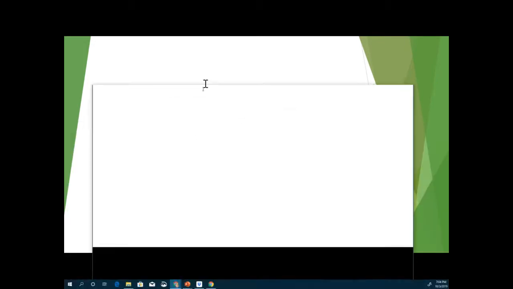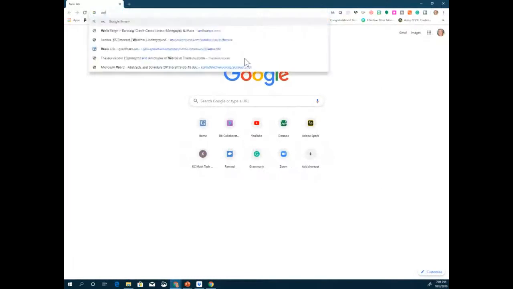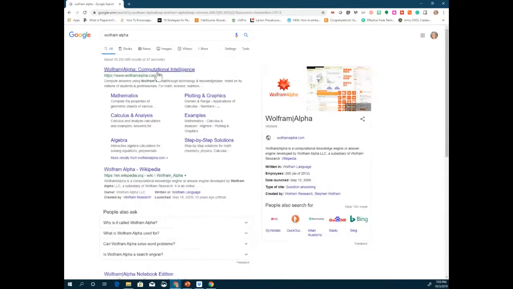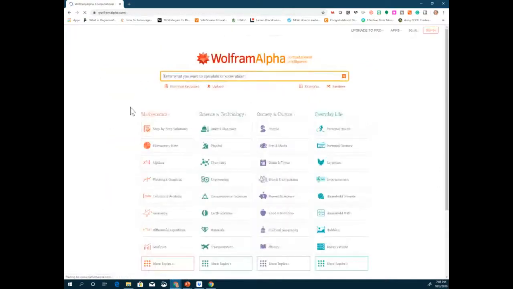Desmos for graphing. Wolfram Alpha is what I do a lot of calculus in these days. It's a website where you can just type in kind of what you want to do. Let me pull that up so you can see it. So, Wolfram Alpha. Okay, Wolfram Alpha is pretty amazing, and it's based off of a programming language called Mathematica that I actually did all of my math in.